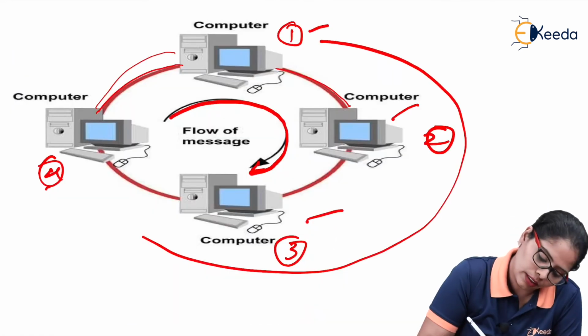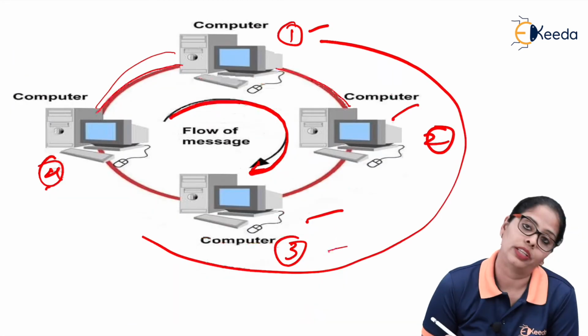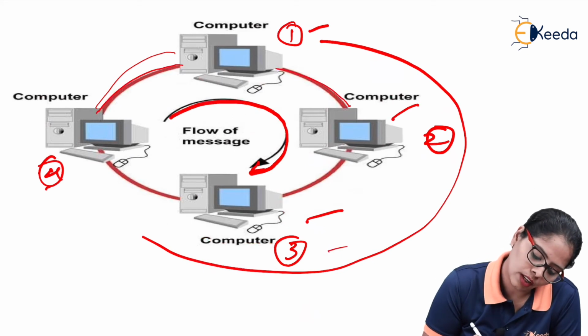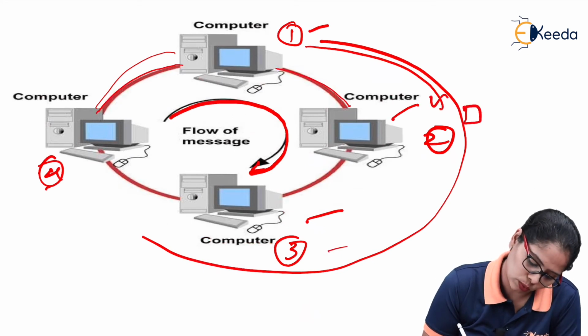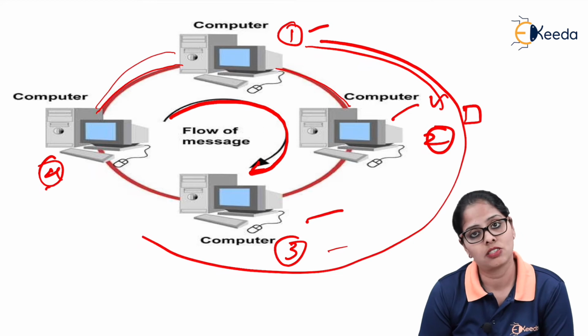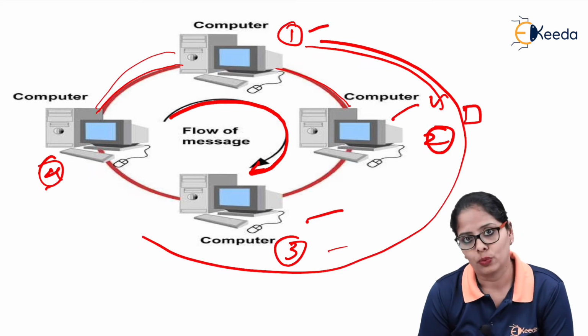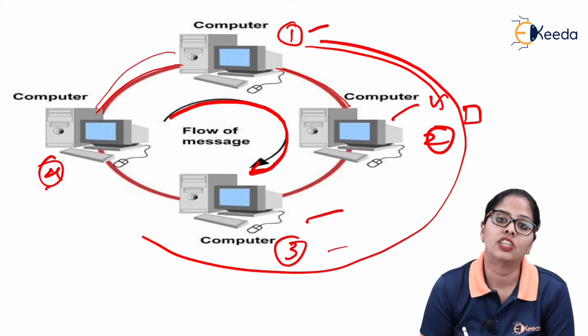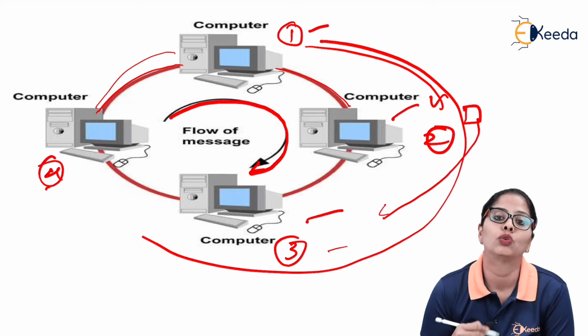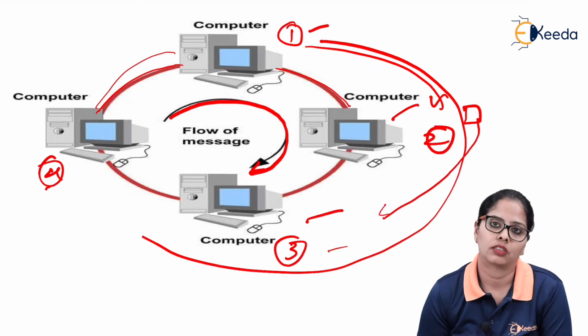For example, if one wants to send a packet to 3, whenever that packet comes to 2, it will see the destination address is not matching. So it will just regenerate the signal and forward it to the next computer.